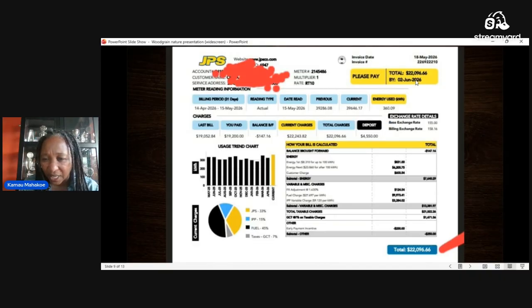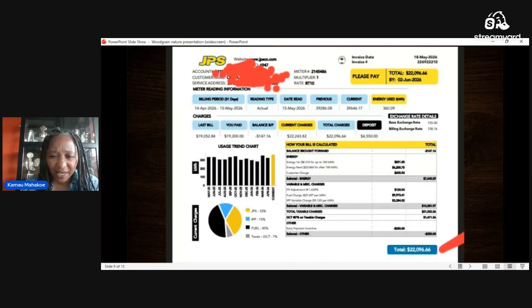If you notice, the total charges is the same as the amount that they're saying you need to pay. It matches the yellow box. That's how much you need to fork out if you want to clear the bill.